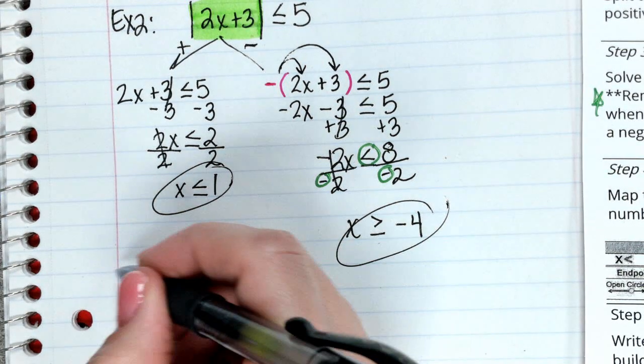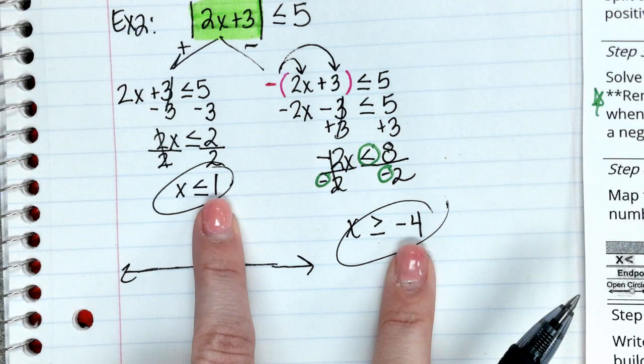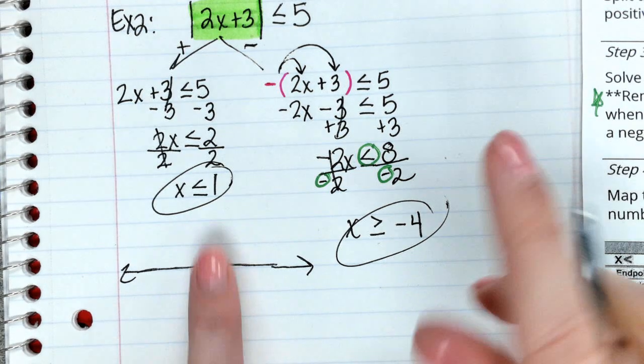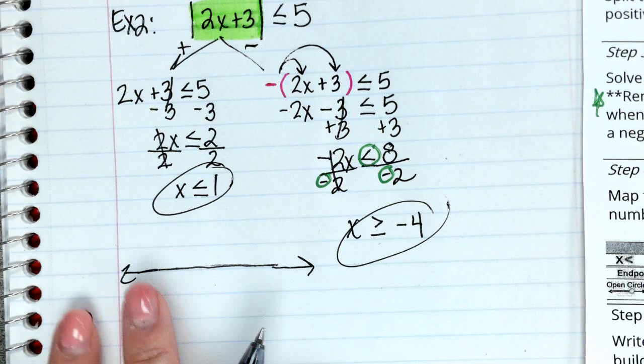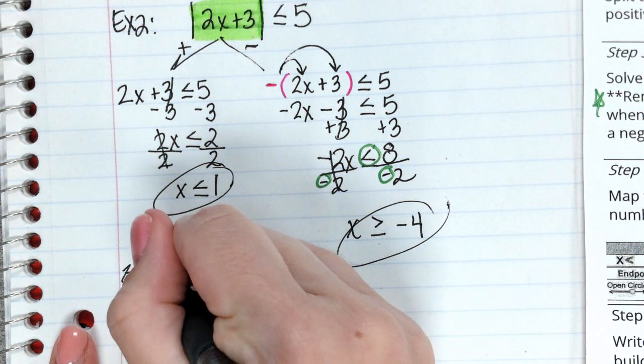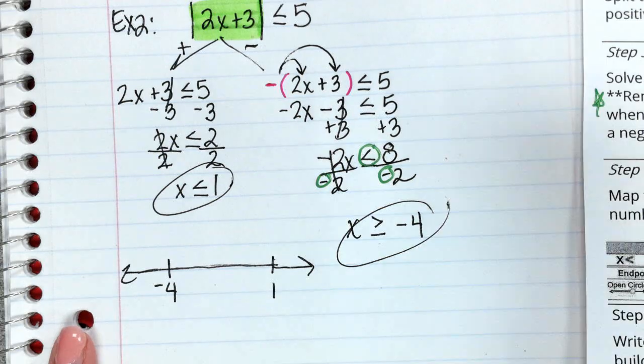All right? So what I would do is put the numbers on there first. So I got 1 and negative 4. And it doesn't matter, just make sure your number line makes sense. Negative 4 has to come first, and then 1. Okay.